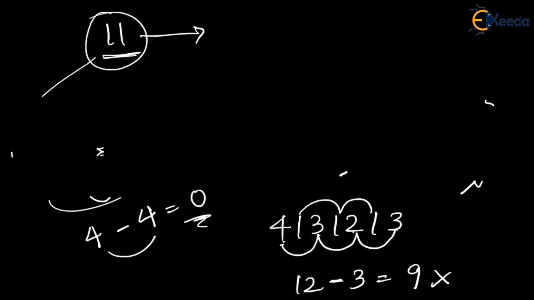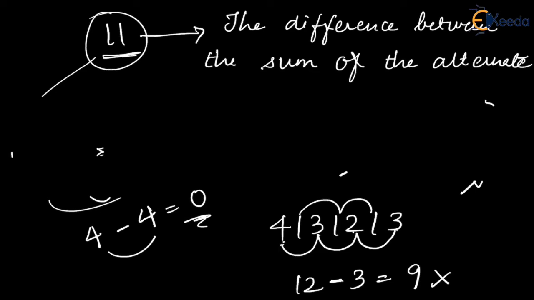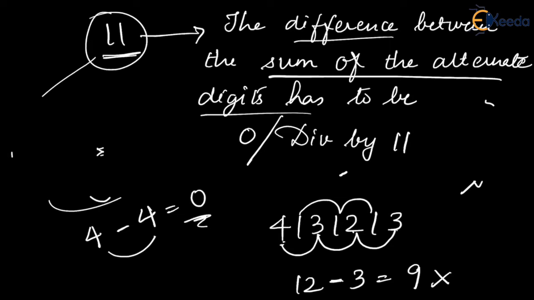For your number to be divisible by 11, the difference between the sums of the alternate digits has to be either 0 or any number which is divisible by 11. I hope everybody is getting it.